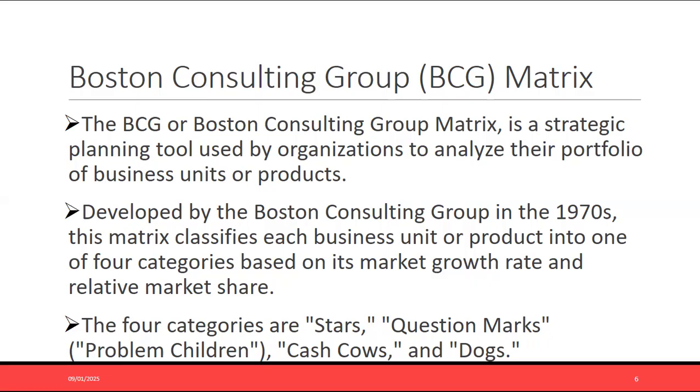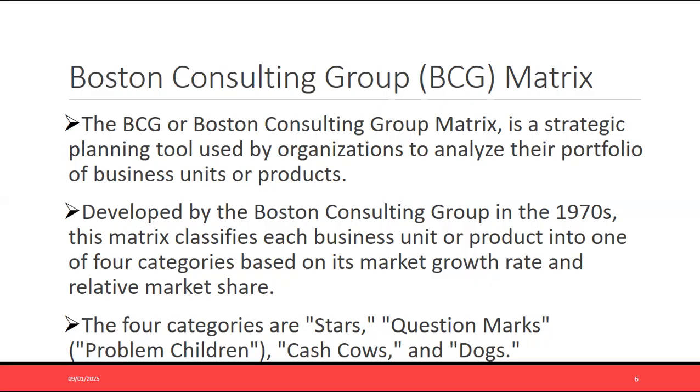So for example, if it has 5 products, for each of the 5 business units, there will be one of the quadrants where that product will fit in. So you have the 4 categories being stars, question marks, cash cows, and then dogs.